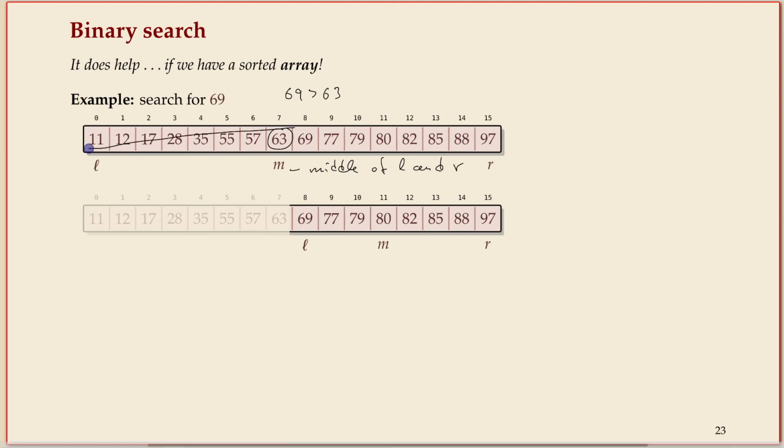So all of these are not relevant for our search. I can eliminate those from the further discussion. If 69 is in the dictionary, if it is associated with some key, it will be found in the right half. Okay? And so we move L to this point after M. We don't change R, and we update M, and we keep going.